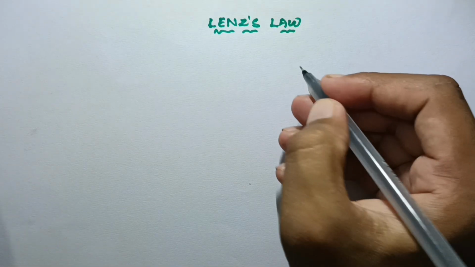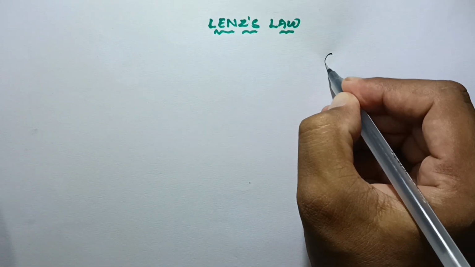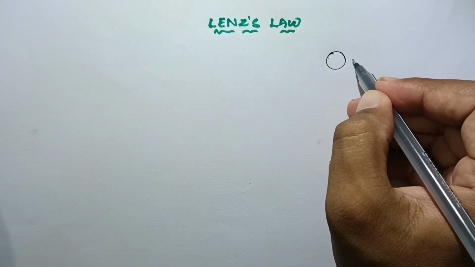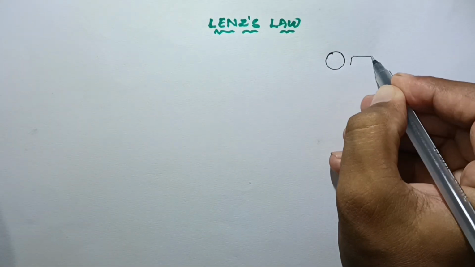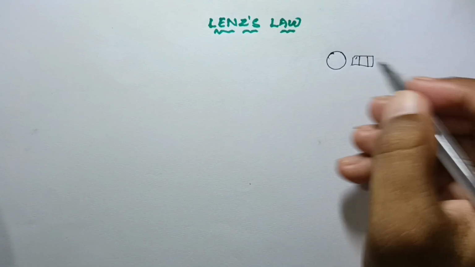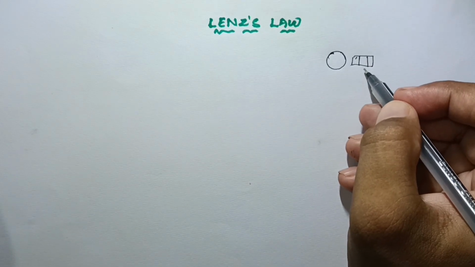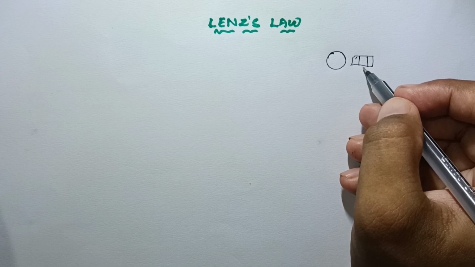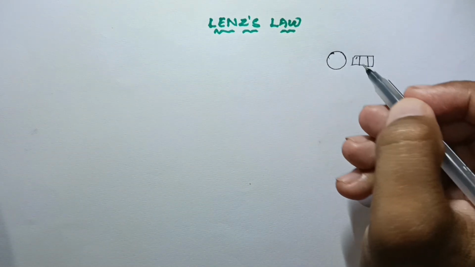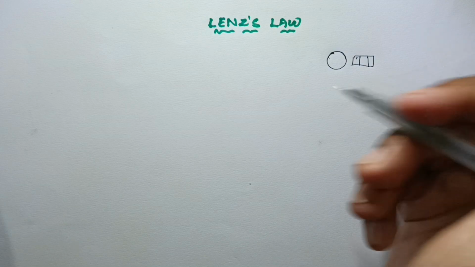Basically, Faraday's first law states that if there is a coil and there is a bar magnet, right? If we keep it in a constant state, then no EMF is produced in the coil.